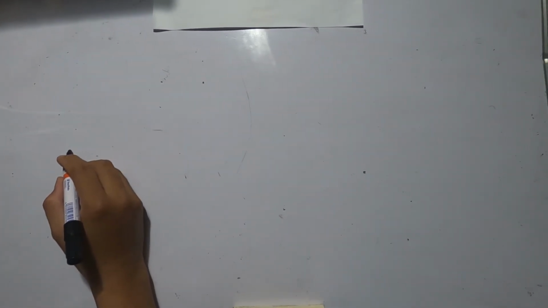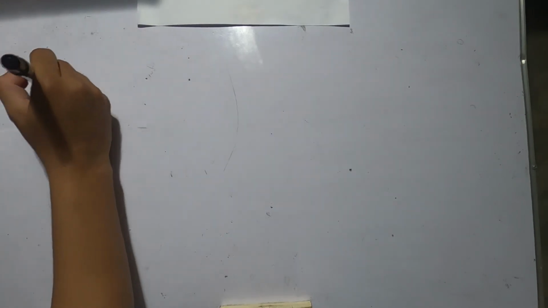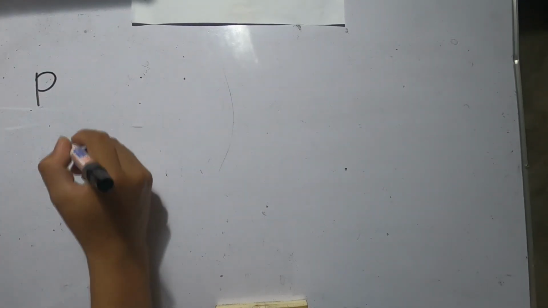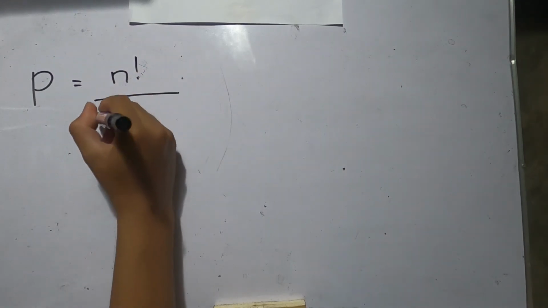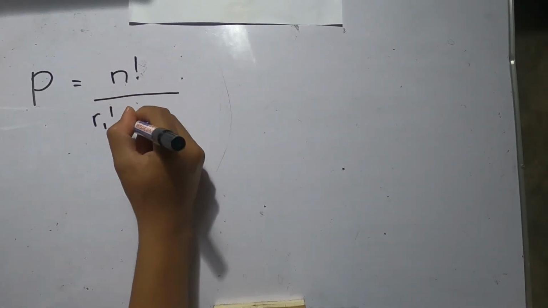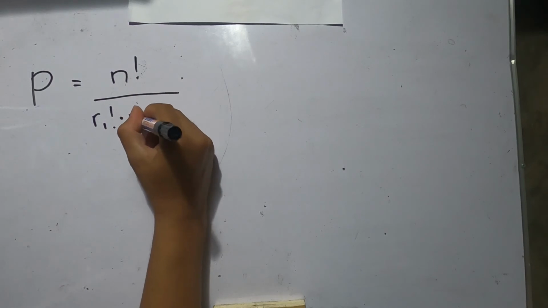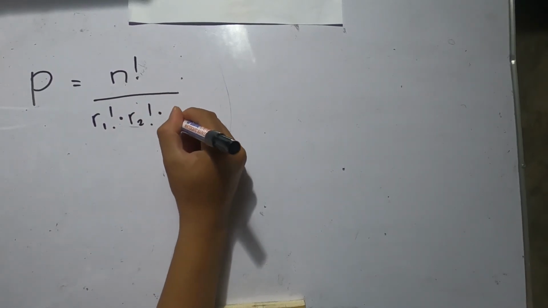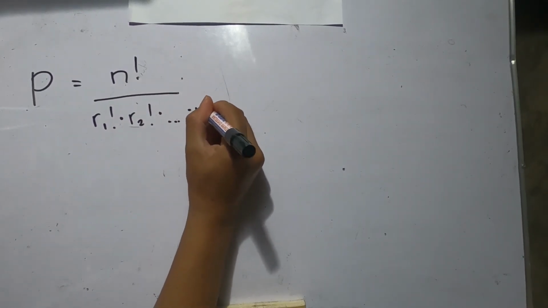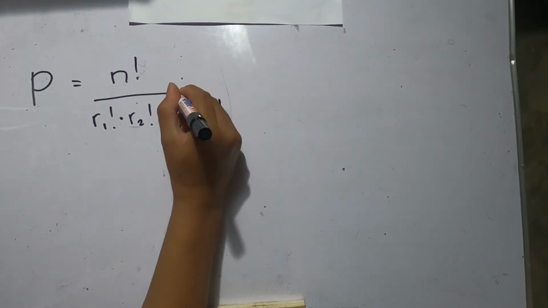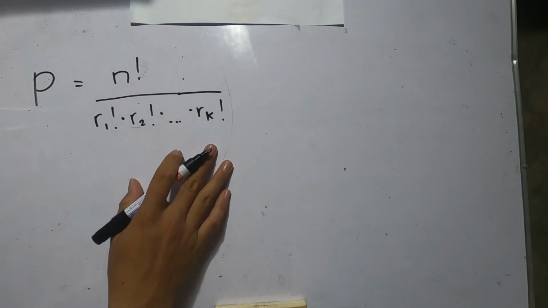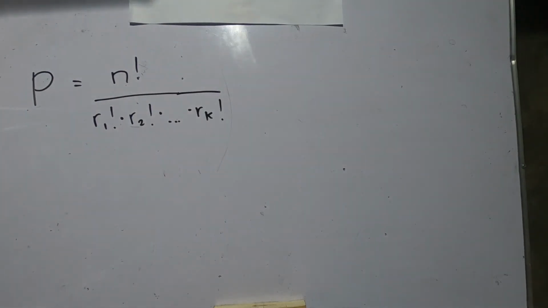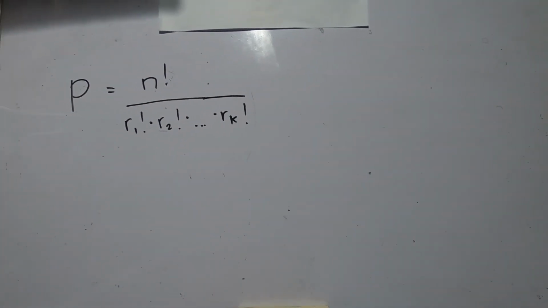Using the formula for distinguishable permutations, the number of permutation P is equal to n factorial divided by r sub 1 factorial multiplied by r sub 2 factorial multiplied until r sub k factorial, where r sub 1, r sub 2, r sub k represents the number of identical elements found in n.